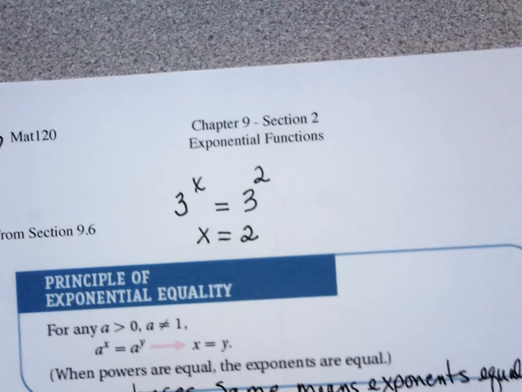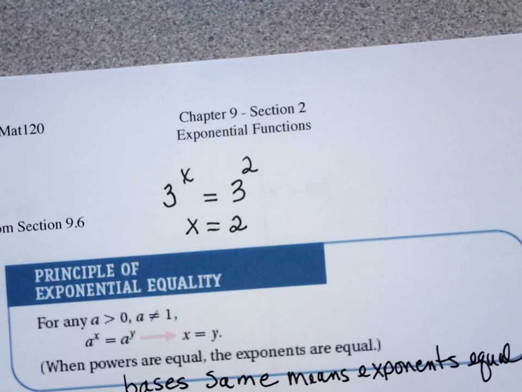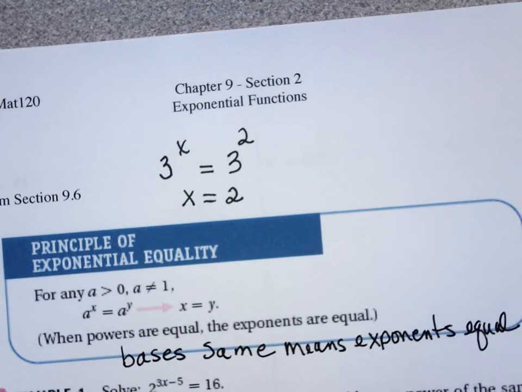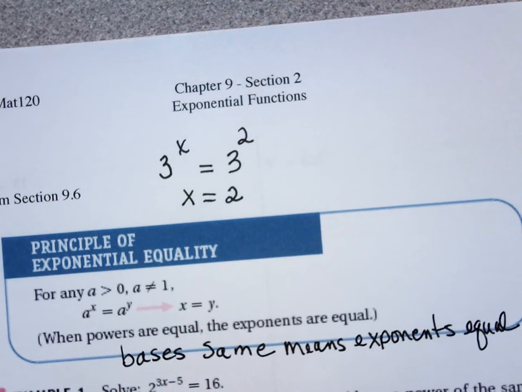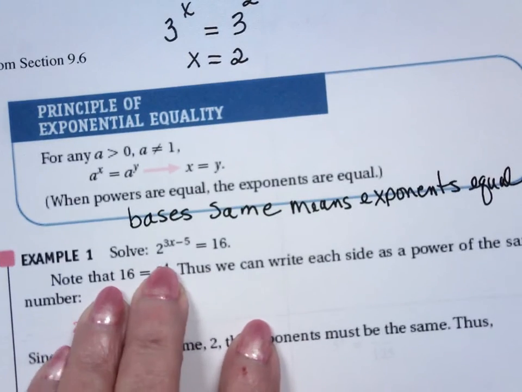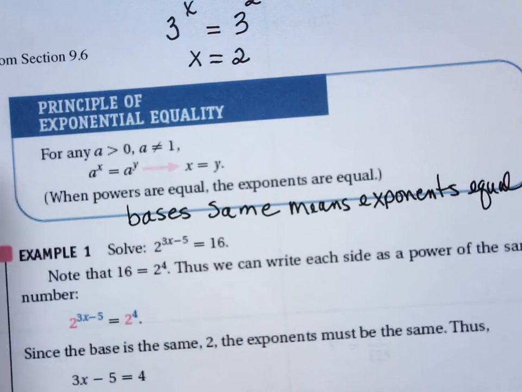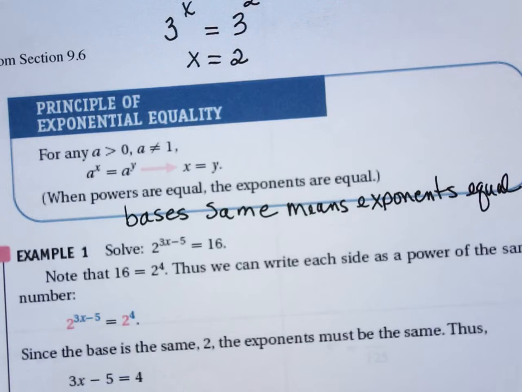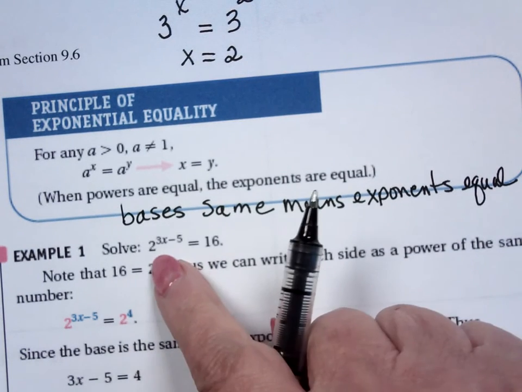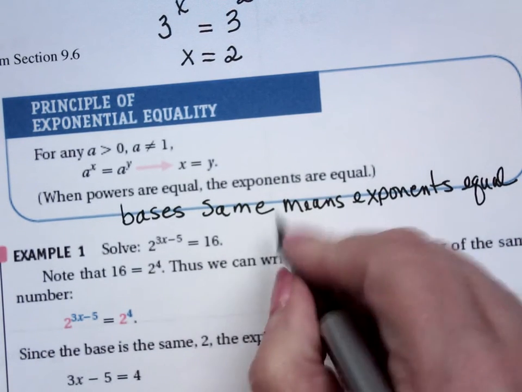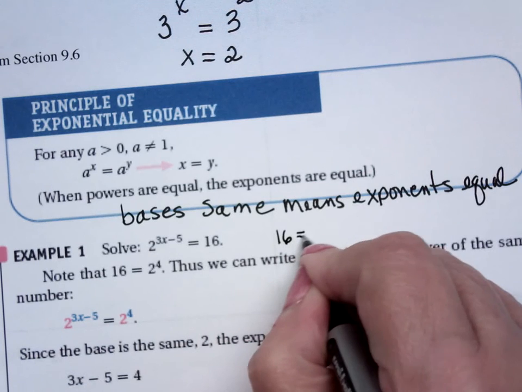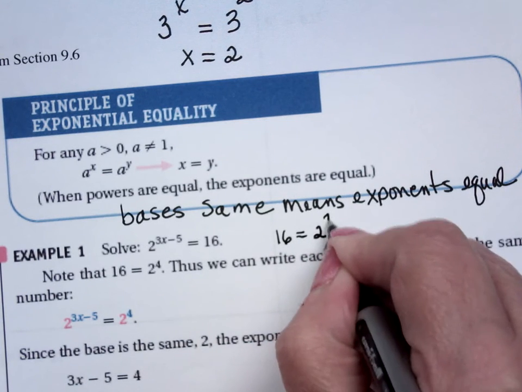Now, this is where your powers table is once again your friend. Remember our old powers table, you're going to be able to use it in this chapter again. This one says, if 2 to the 3x minus 5 equals 16, the bases are not the same. But 2 is a prime number, so can 16 be written as 2 to some power?